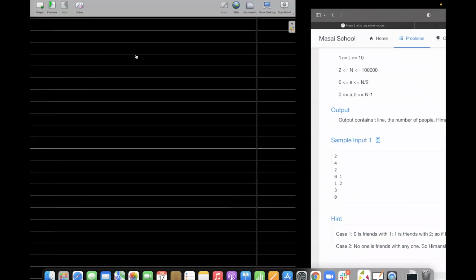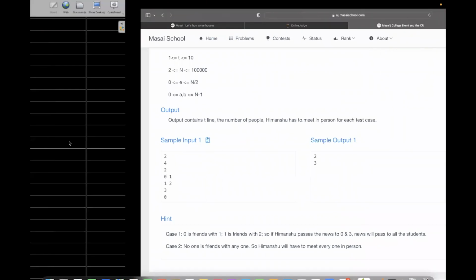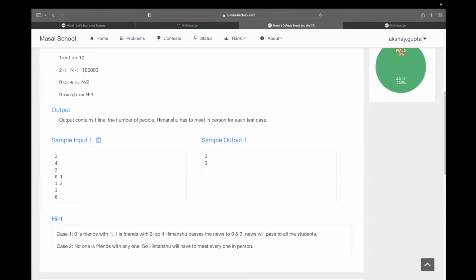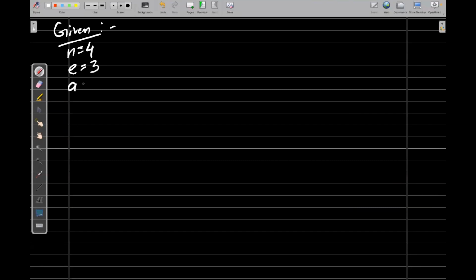Let me copy this. Though there are two test cases given, let me take them one by one. So I am first going here. Here 4 is n, the number of total students. So n is equal to 4. E is given as 2.